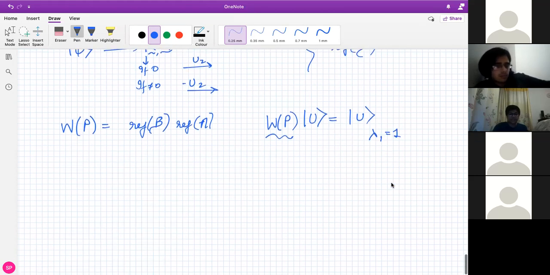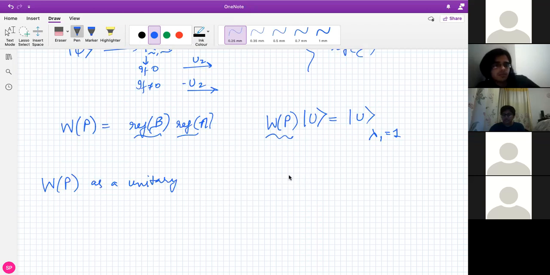Now, remember, we implemented this as a unitary because we saw the existence of two unitaries. So we know this is a unitary. And now our earlier goal was to actually implement a reflection about U, right?